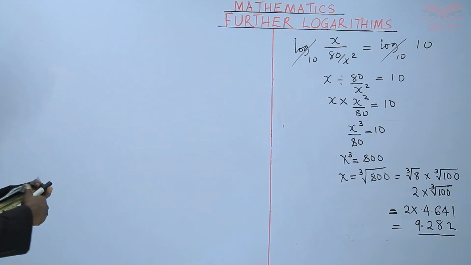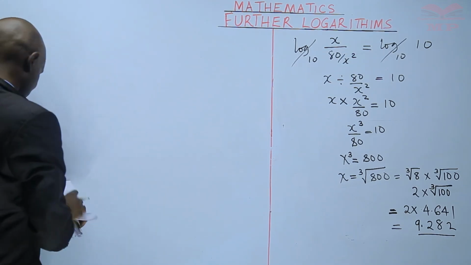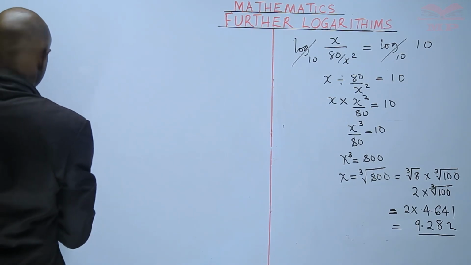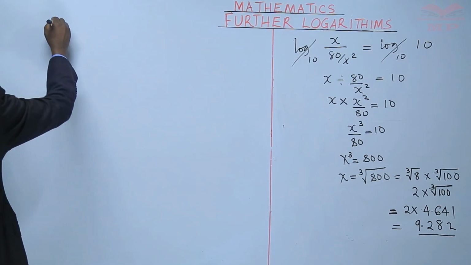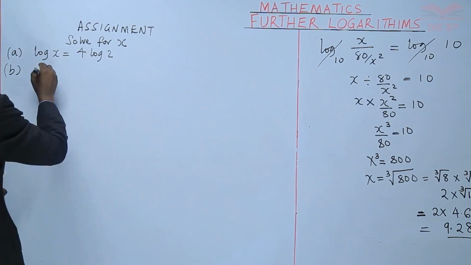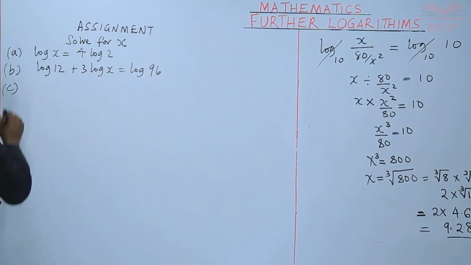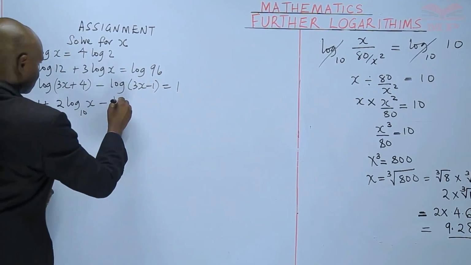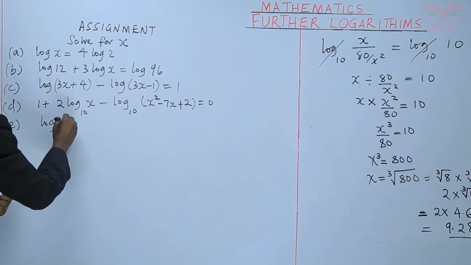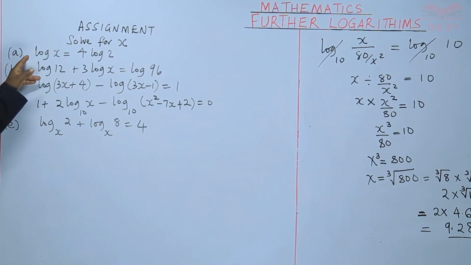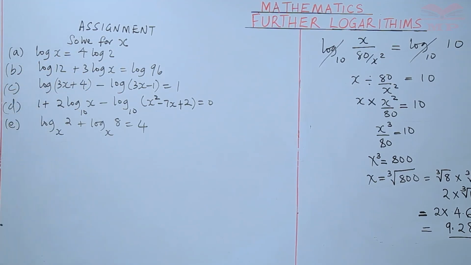So I'll go straight to the assignment. Lana, those are the questions. In A, log x is equal to 4 log 2.